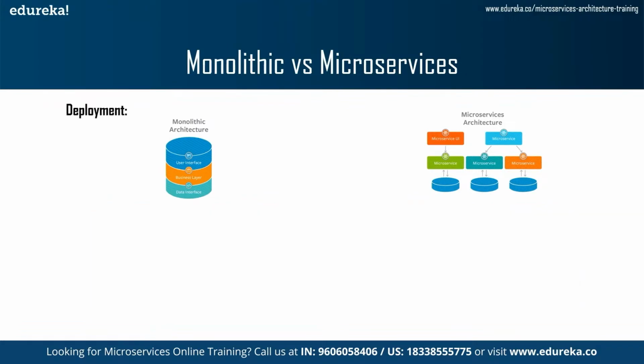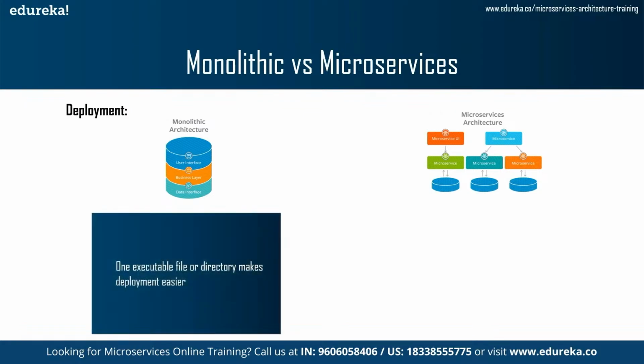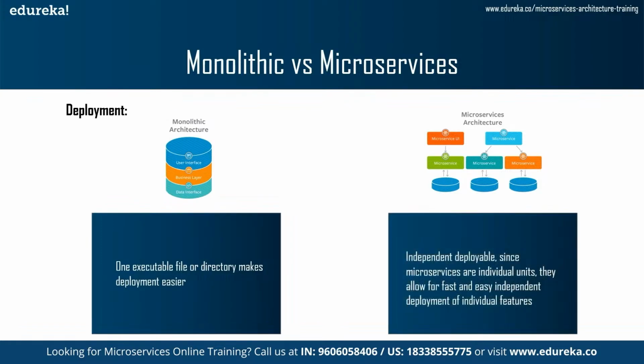Secondly, we have deployment. In monolith architecture, one executable file or directory makes deployment easier, whereas in microservices architecture, they have independent deployable. Since microservices are individual units, they allow for fast and easy independent deployment of individual features.